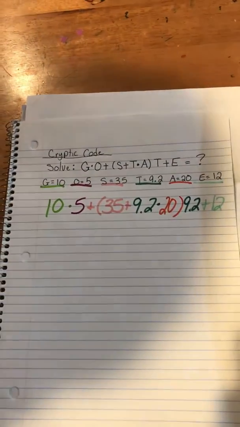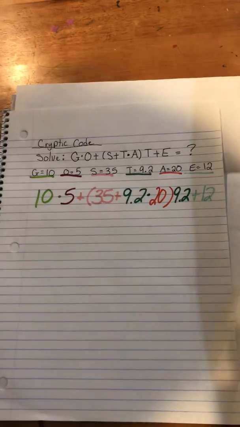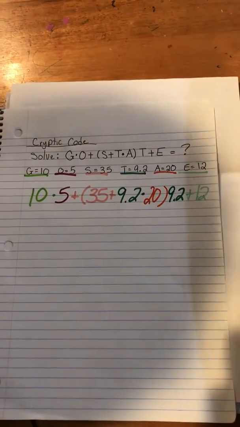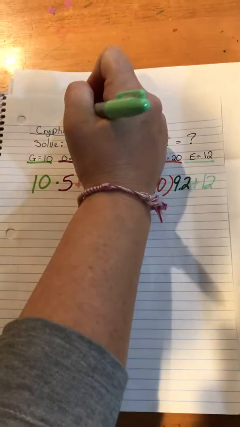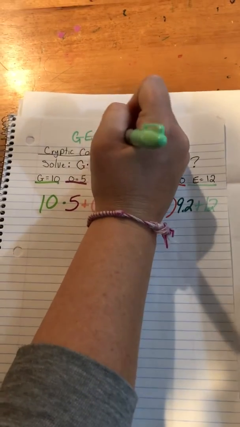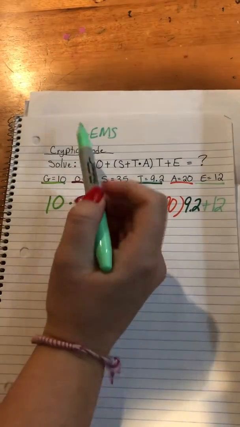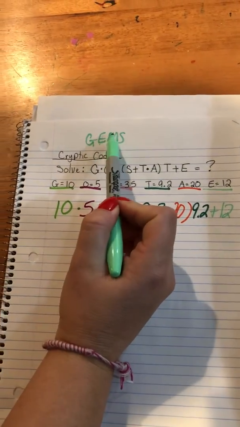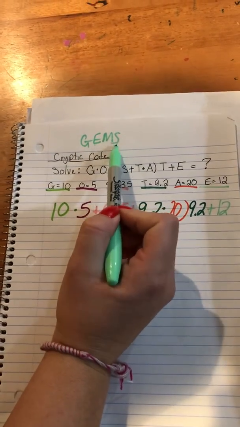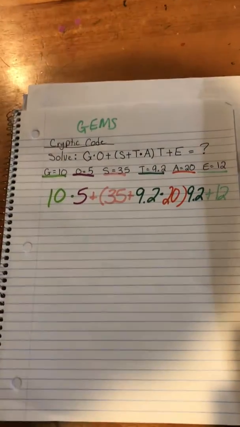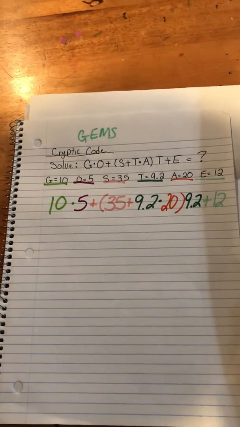Now we have to do gems. If you don't remember gems, you maybe heard it as PEMDAS, but I'm just gonna say gems. So this means grouping, exponents, multiply or divide, subtract or add. And we'll go through that in class if you have some questions.